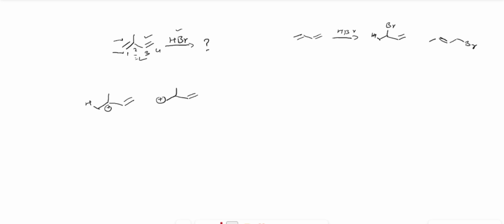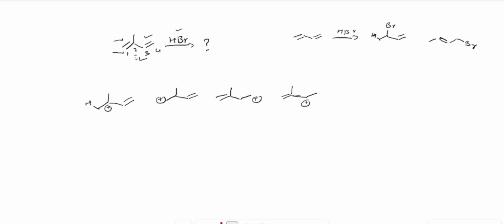Similarly, if the hydrogen gets attached to carbon number 3, then we have a carbocation at carbon number 4, and if it gets attached to carbon number 4, then we will have a carbocation at carbon number 3. So we can have 4 different carbocations, and you already know that the formation of the most stable carbocation out of these would be more feasible.